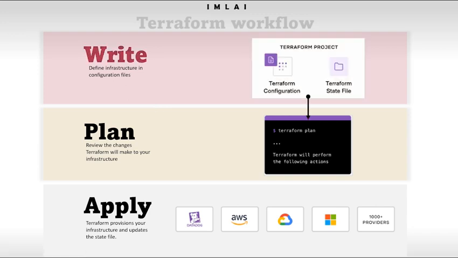In the write stage, you define resources which may be across multiple cloud providers and services. For example, you might create a configuration to deploy an application on virtual machines in a virtual private cloud network with security groups and a load balancer.